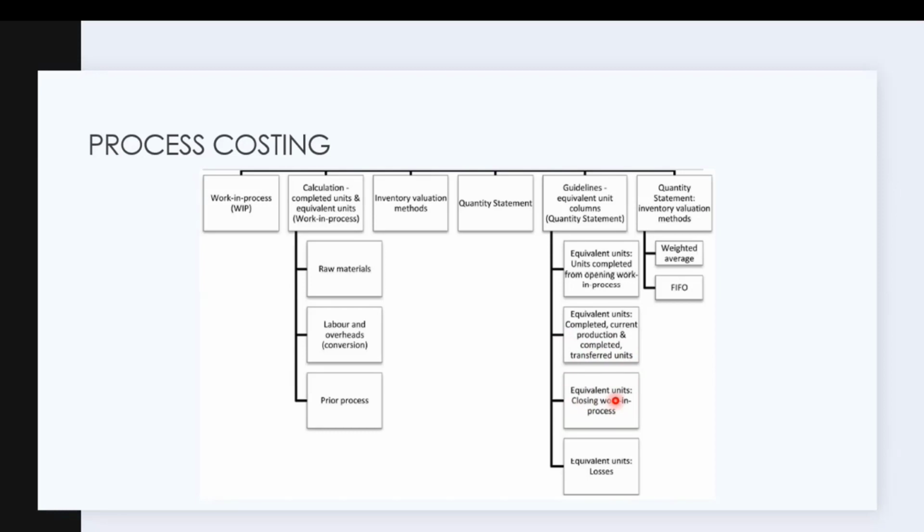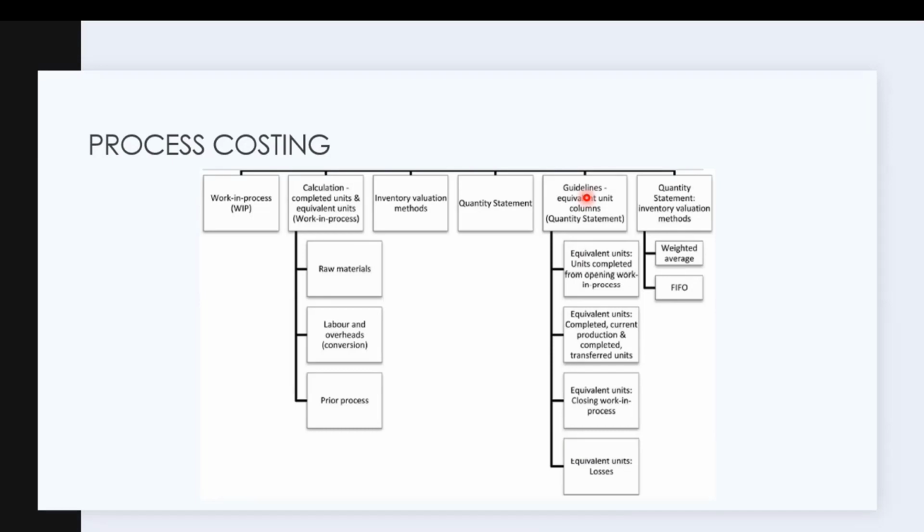Then what is your closing work in process, and also the losses. So as you can see, your quantity statement actually gives you guidance as to what has been happening with your units.